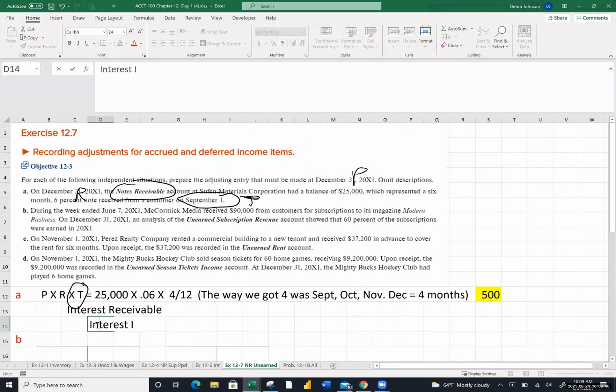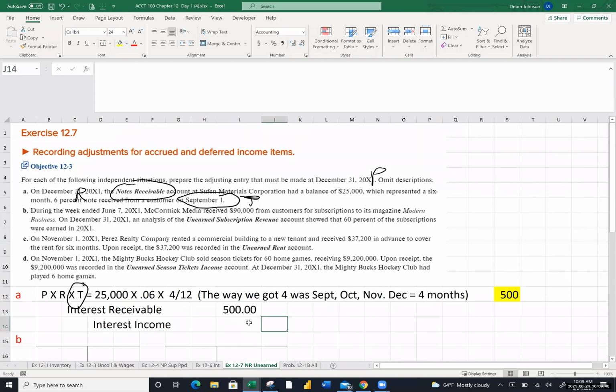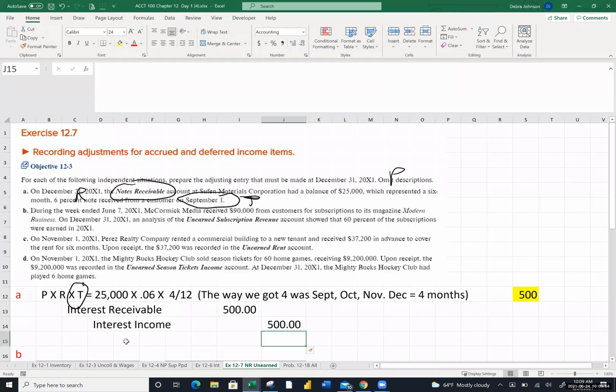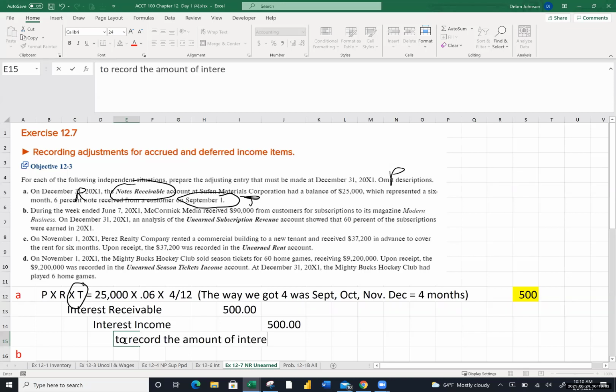I think your book uses interest income of $500. And I'm going to put another line in here so I can write down a description. This is to record the amount of interest due to us on the note receivable.